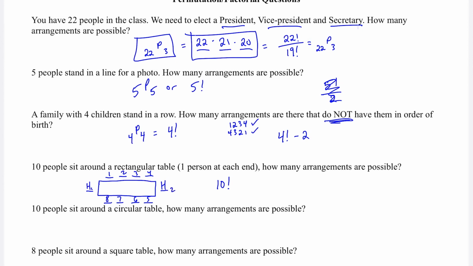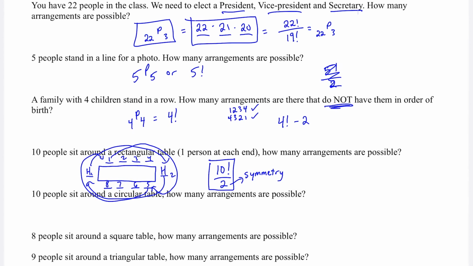And if we took this whole table and rotated everybody around a full 180 degrees, so H2 becomes H1 and H1 becomes H2, and 1 would become 5 and 5 would become 1, what you'd end up with is the exact same arrangement. There would be no difference. So because of symmetry, we're going to divide it by 2 because it'd just be the same picture if we rotated everybody around. I'm going to dig a little bit deeper into this symmetry thing.